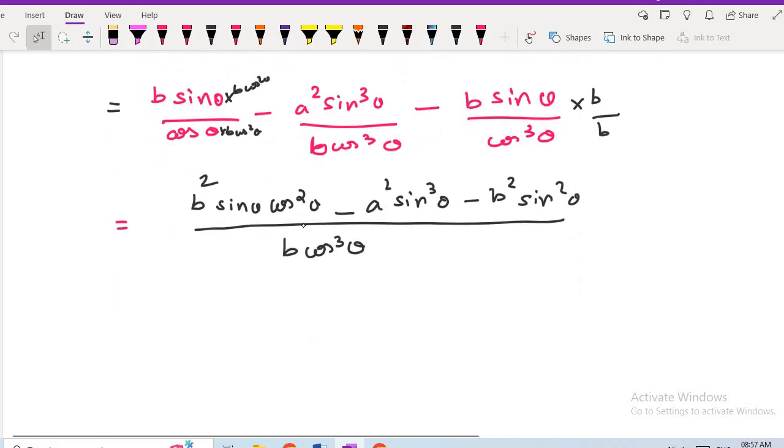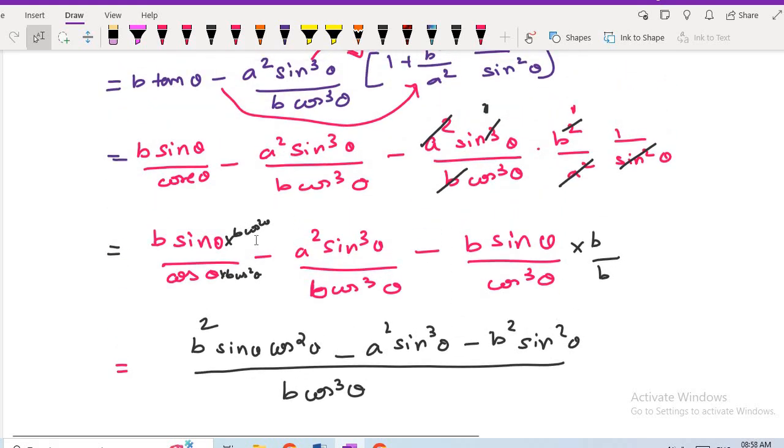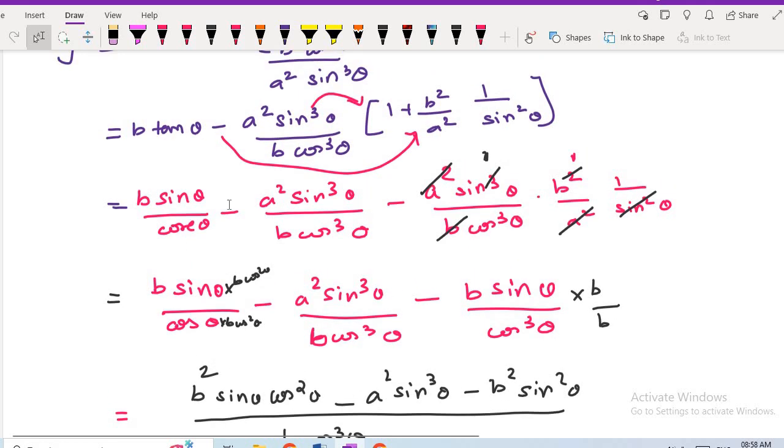b sin theta. If you are taking b square sin theta outside, b square sin square theta we can't take. sin cube, b sin theta, sin theta by cos theta.